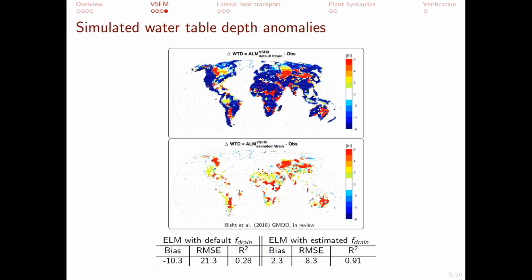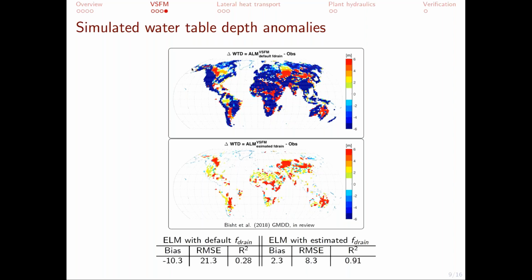But we still have these hotter biases in which we are not able to accurately capture the shallower water table. The table below summarizes the statistics, and in all three metrics, the estimated F drain parameter significantly improves our prediction.